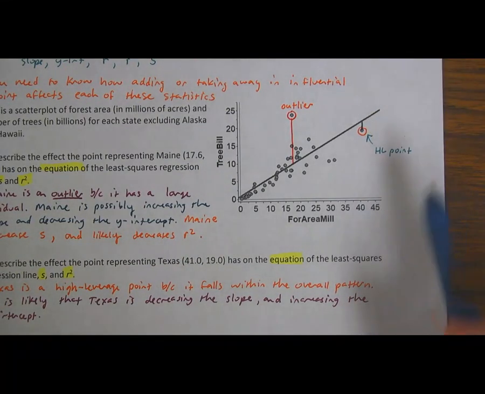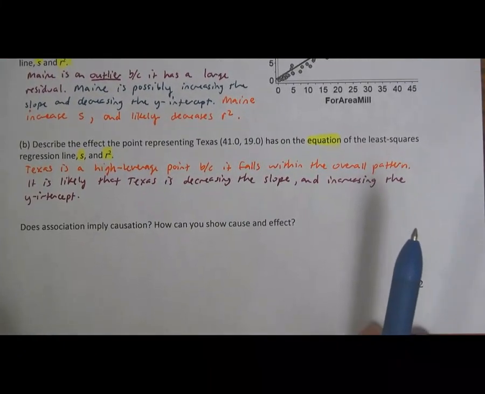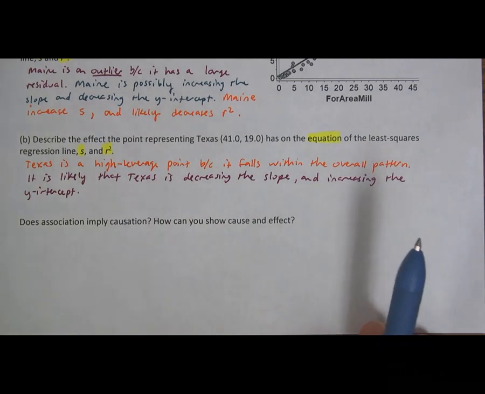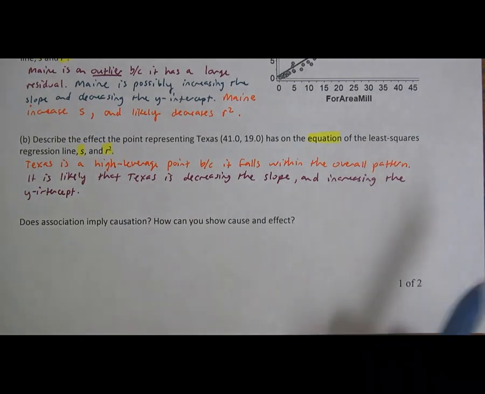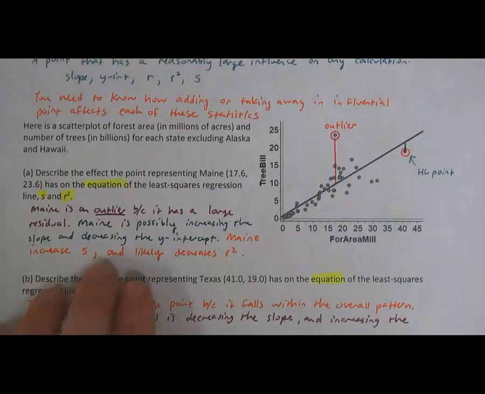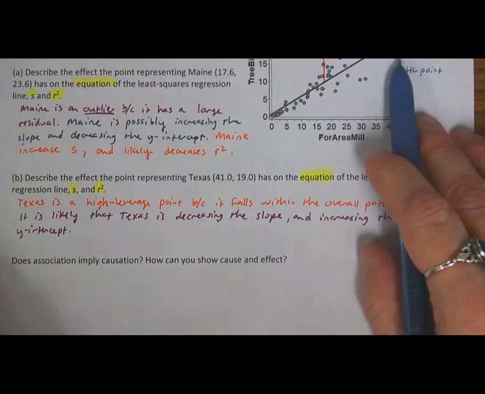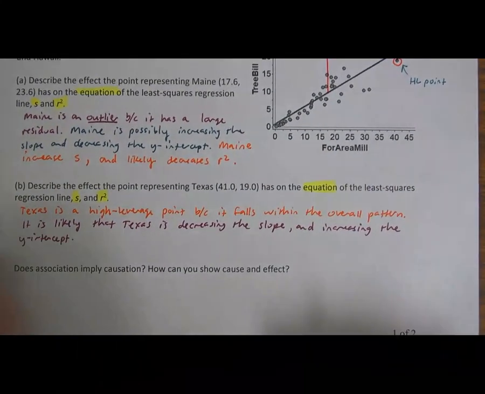So what it's probably going to do is, it's not going to affect S a whole lot, but since the question is specifically asking us how it affects S, if anything, it's probably going to decrease the S value a little bit. It's just going to do the opposite of what the outlier did right up here. Okay? And Maine increased the standard deviation of the residuals. If Texas has any effect on S at all, it would slightly decrease it.